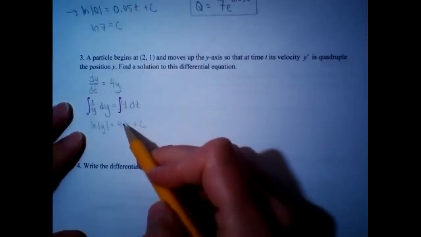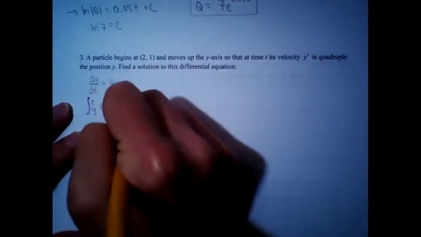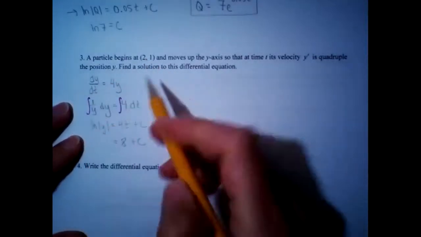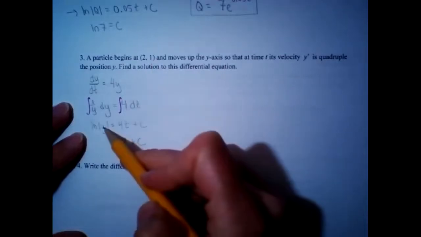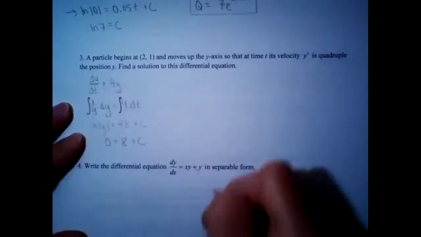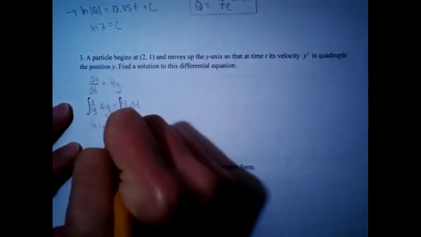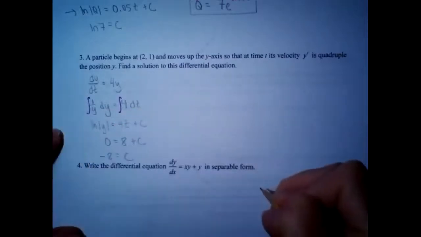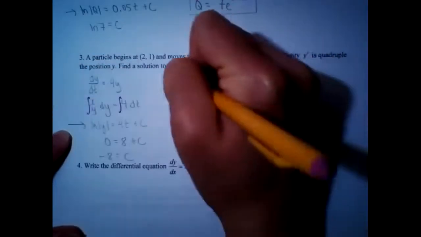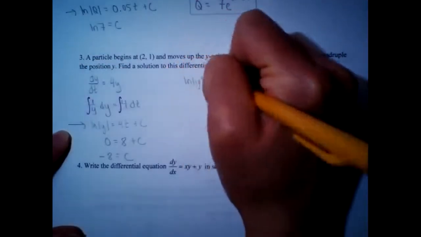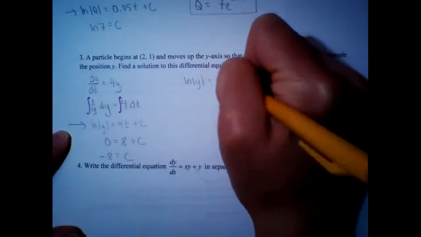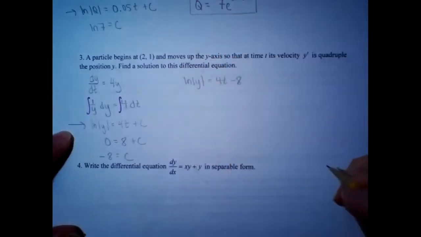So t is 2, so 4 times 2 would be 8. And y is 1. ln of 1 would be 0. And so we get c is -8. So I'm going to recopy this step, except instead of plus c, I'm going to put -8.